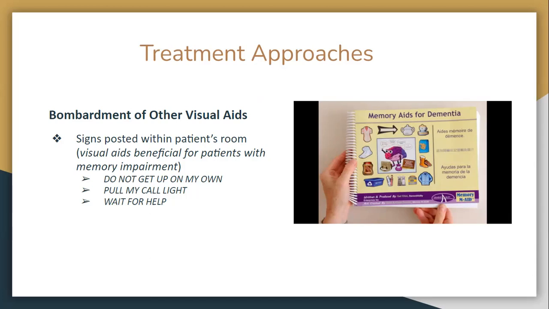For example, if a patient tends to watch a lot of TV, I may post the sign on the wall next to the TV. This way, as the patient is looking at their television, they are also in the direct line of vision for their sign, reminding them not to get up on their own. Having the patient's input in where to place the signs allows them to carry over and utilize the signs.